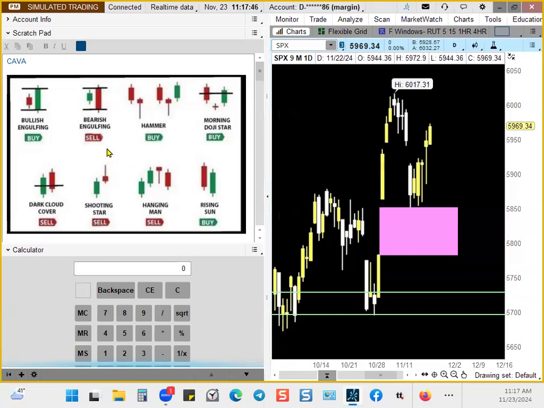And what I mean by that is, let's use bearish engulfing. So in this bearish engulfing, we're seeing that this first candle will be the smaller candle. The second one will be the larger candle. The first one can be considered an up day. The second one could be considered a down day. But the important thing is that the second one is engulfing the full body of the first one, okay?